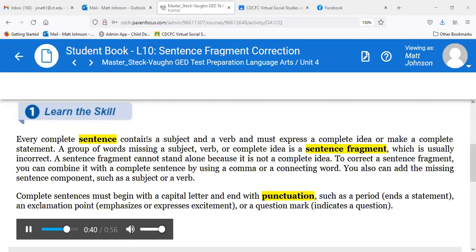Complete sentences must begin with a capital letter and end with punctuation, such as a period ends a statement, an exclamation point emphasizes or expresses excitement, or a question mark indicates a question. Right. So a complete sentence basically has to have three parts. It has a subject, it has a verb that subject is engaging in, right?